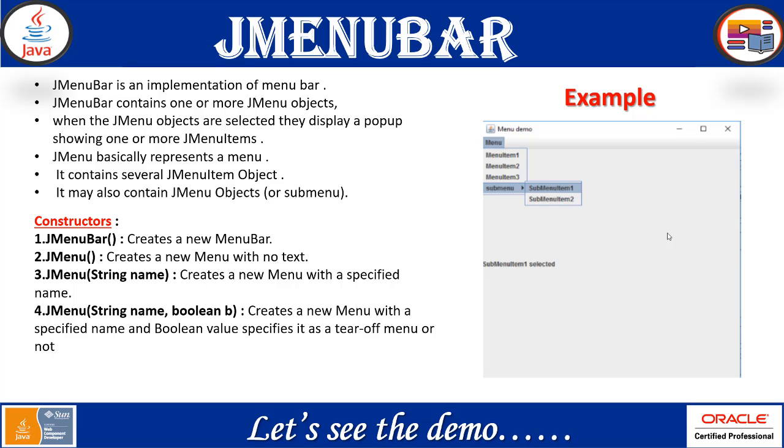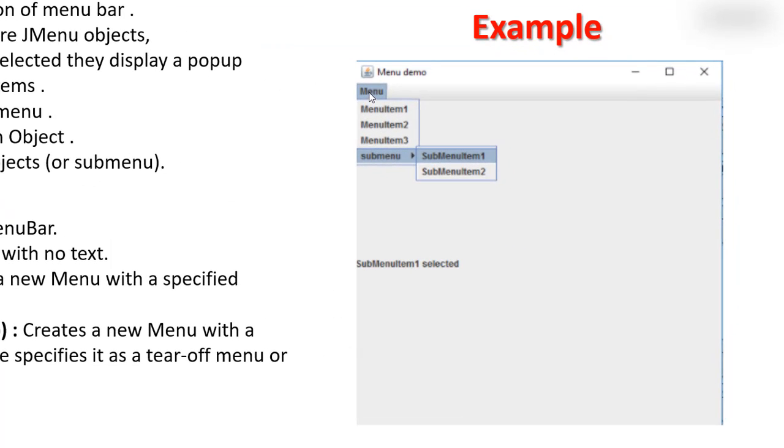It basically represents a menu, or you can say a list of options or choices. It contains several JMenuItem objects, which may also contain JMenu objects or submenus or submenu items, as you can see in the window. So this will be your JMenu, and this is JMenuItem, and this is your JMenu sub items.